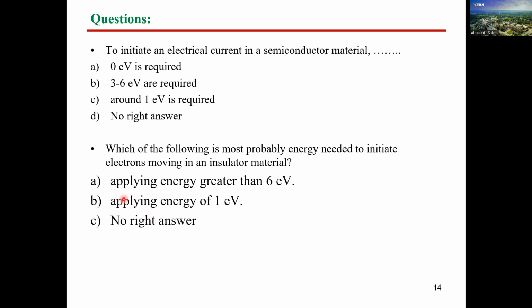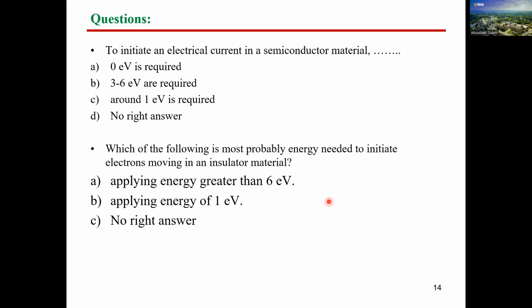Here in the multiple choices, we have applying energy greater than 6, applying energy of 1, no right answer. Actually, applying energy greater than 6 electron volt will allow the insulator material to initiate the electrons to move in the material. So the correct answer here is A, applying energy greater than 6 electron volt.